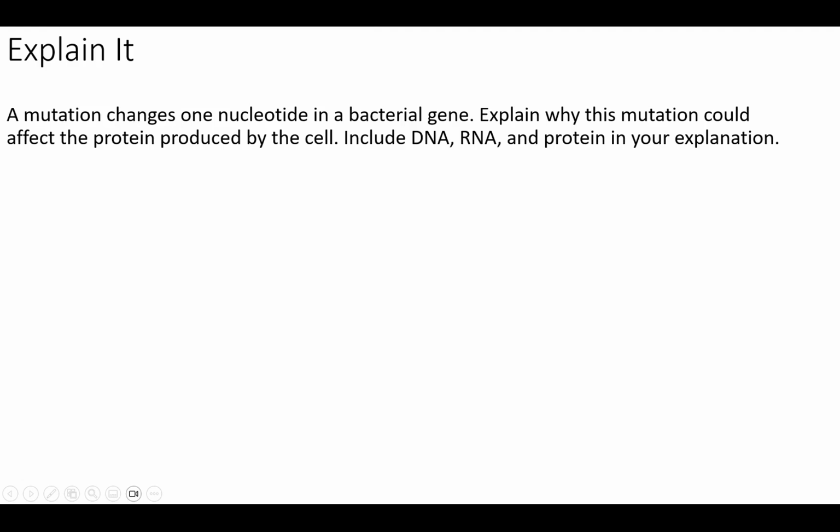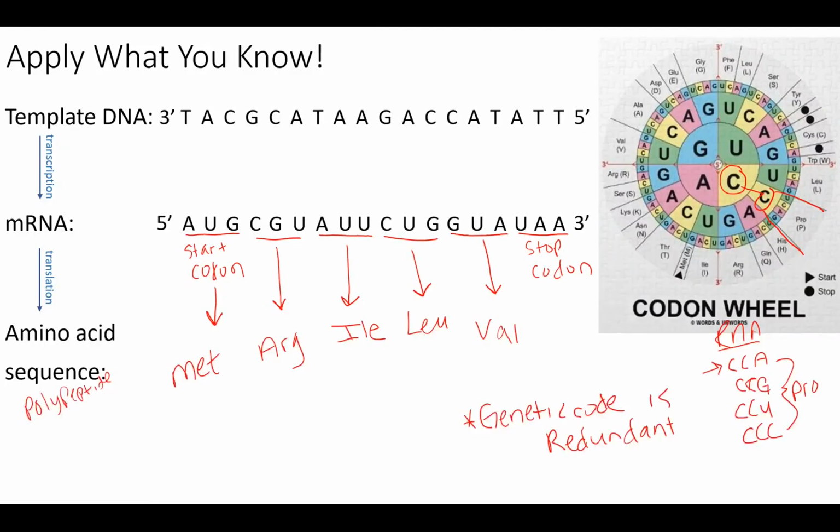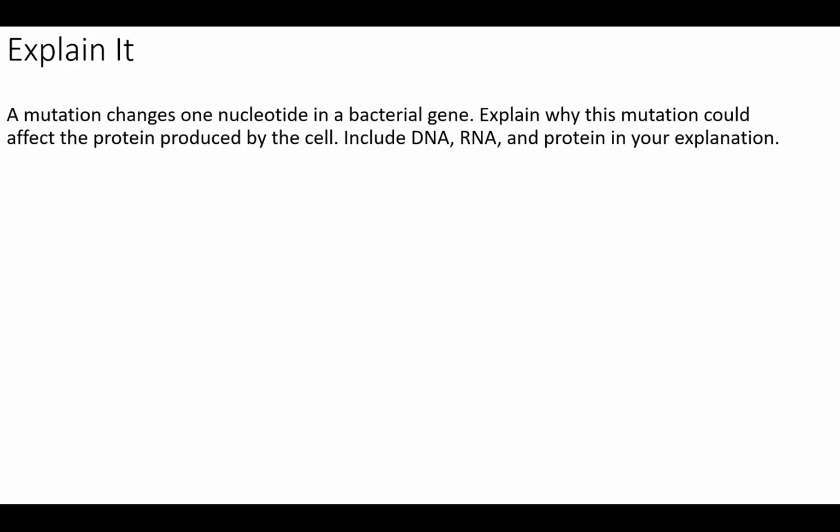Okay, so let's use another example, and I should have put this codon wheel on that slide. Let's pretend this is my DNA sequence and what it should have been. This, after transcription, will give me RNA. So it will be complementary, right?